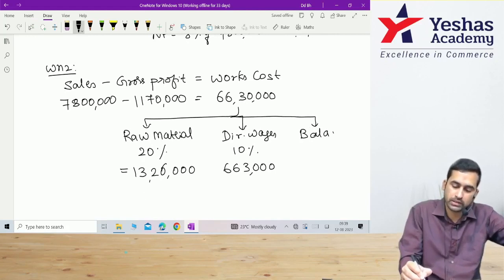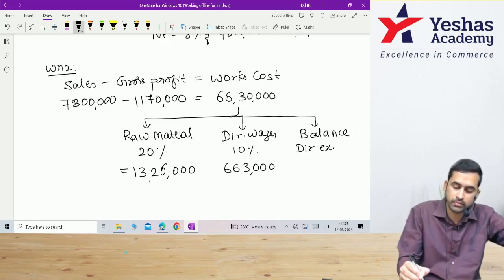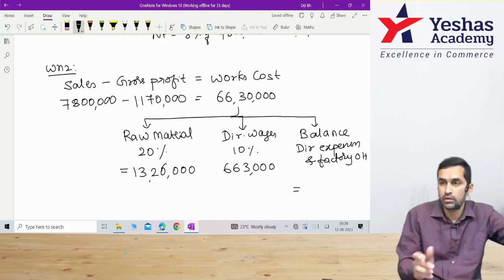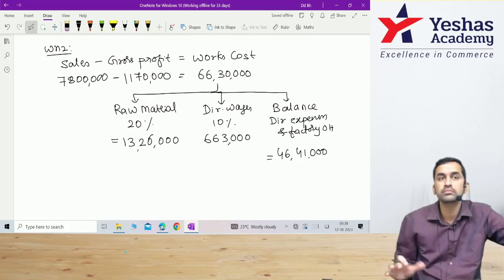Balance should be considered as direct expenses and factory overheads. 46 lakh 41,000. Done.